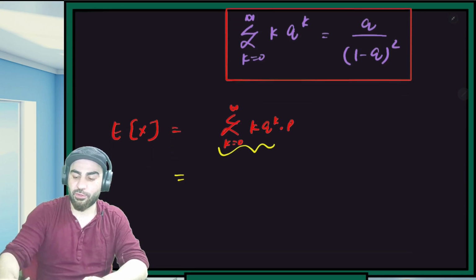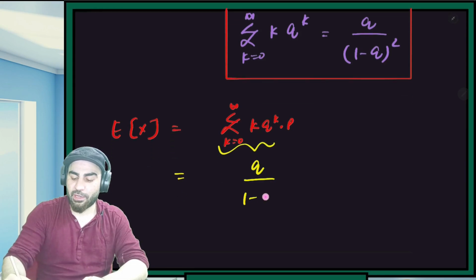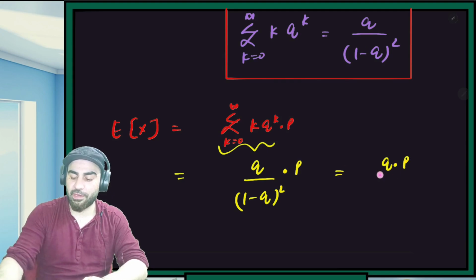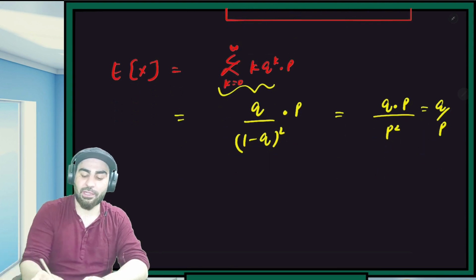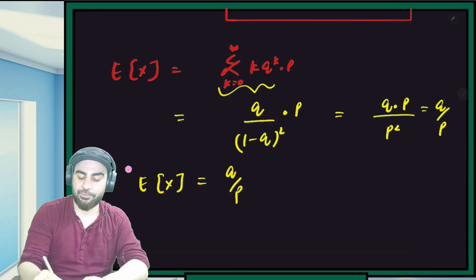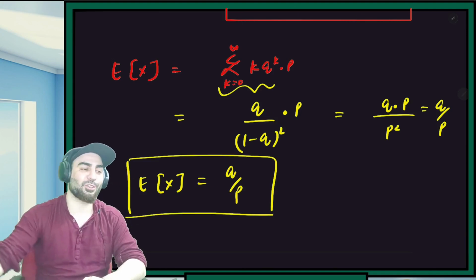This is equal to q divided by 1 minus q, multiplied by this q. Here 1 minus q is also p, so this is p squared. So the expectation of x is q over p. Any questions on this calculation?